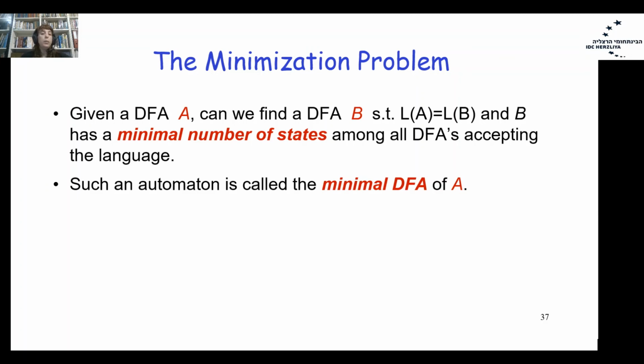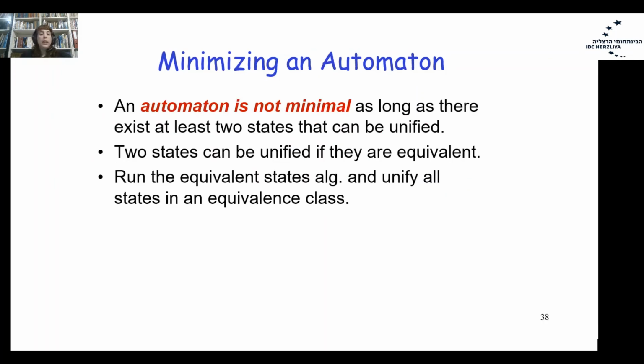To build a minimal DFA, we have a well-defined algorithm. Let's think about what it means that an automaton is not minimal. That means that we have two states that actually behave the same, and they can be united.